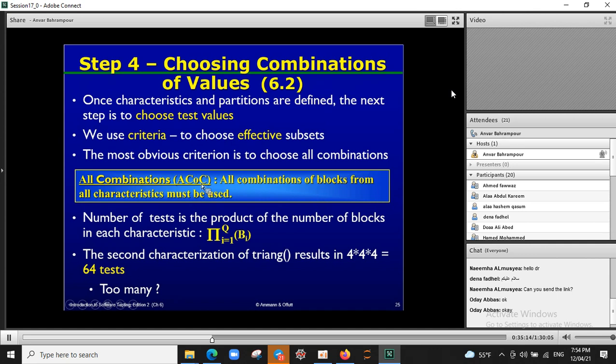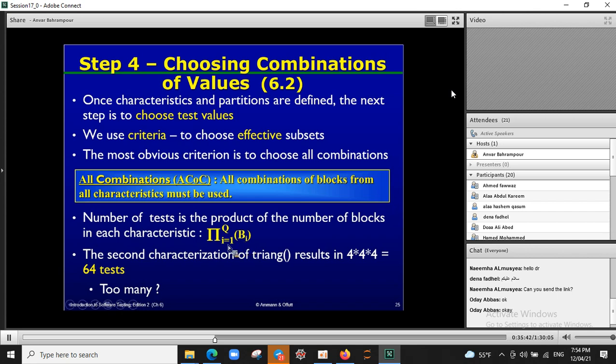So all combinations coverage is not applicable, not feasible for more complex programs. So the number of tests by this coverage criterion could be computed by this equation.